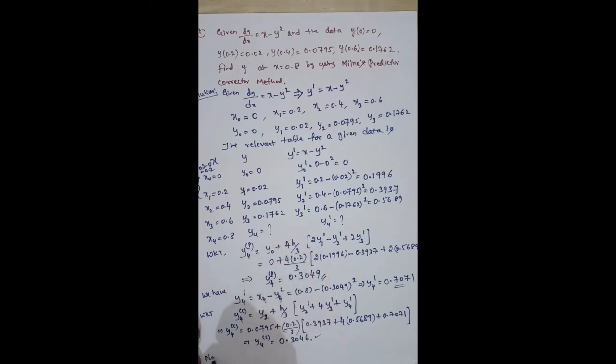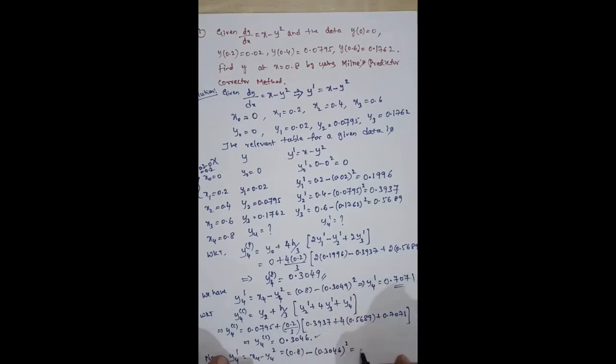So now y4 dash is equal to, again same, x4 minus y4 square. So x4 is 0.8 minus y4 square. See, y4 earlier we have used this value 0.3049. So now we have to use 0.3046 whole square.